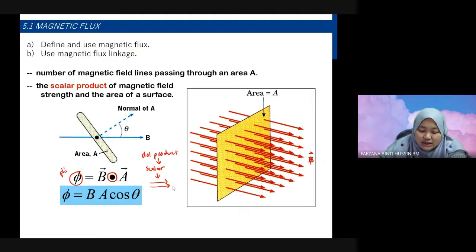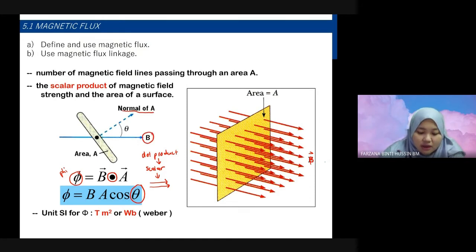We just add cos theta at the back, so it will be BA cos theta. How do we determine the angle? The angle should be determined from the normal of the plane to the magnetic field, not from the plane to the magnetic field.